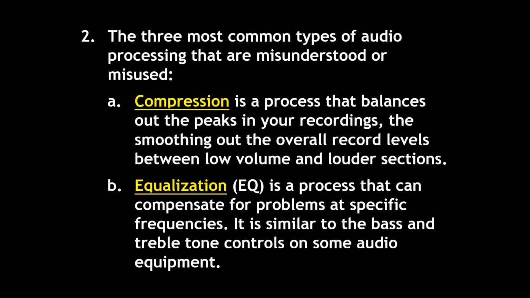First, compression. Compression is a process that balances out the peaks in your recording, smoothing out the overall recording levels between low volume and louder sections. In Adobe Audition, we call this the hard limit. In Audacity, it is called the limiter. So what it'll do is create a normalization of audio to a certain point where you can tell the audio to increase by a certain volume level.